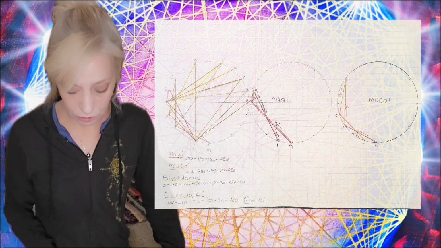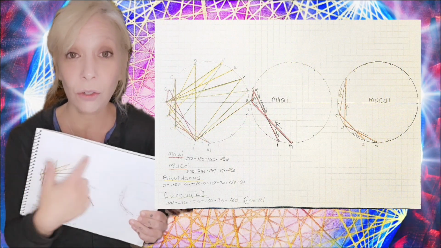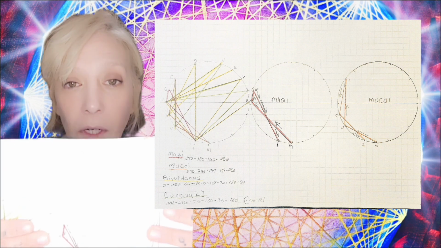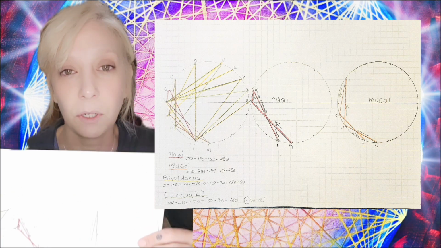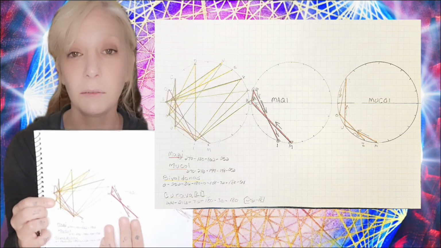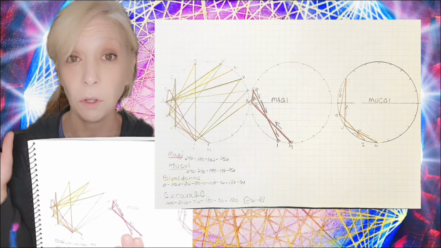So I decided to try to graph the words into a circle, into a unit circle here. So this is the word Mackie. All right. And this is the word McCoy. And this is the most famous Ogham stone inscription, world famous.